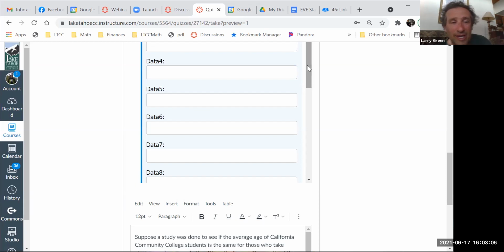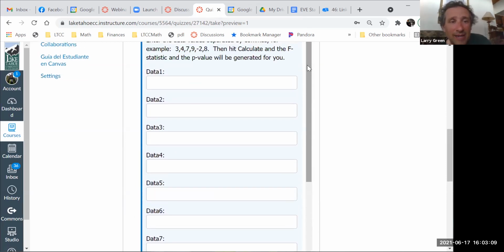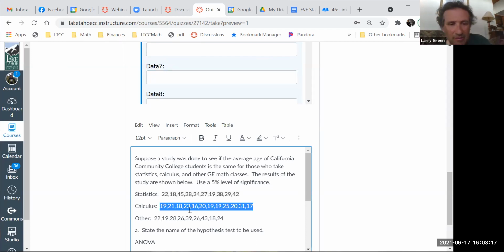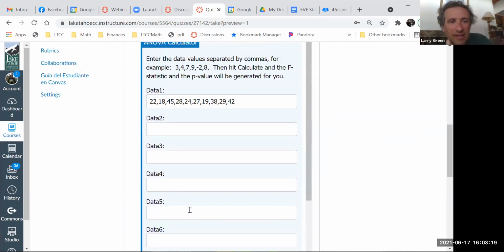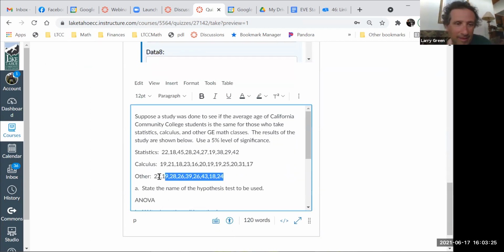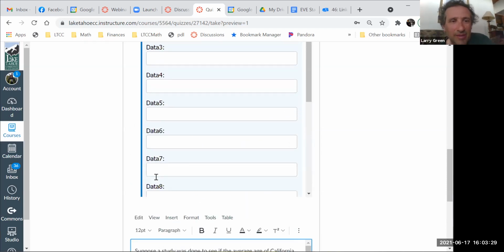Okay, so then we go ahead and data 1, I copy and paste. And then we go to data 2. Going to copy and paste that. And then we're going to go to data 3, and I copy and paste that.